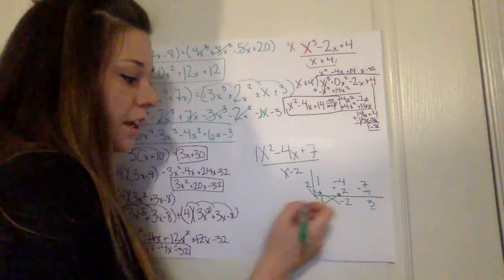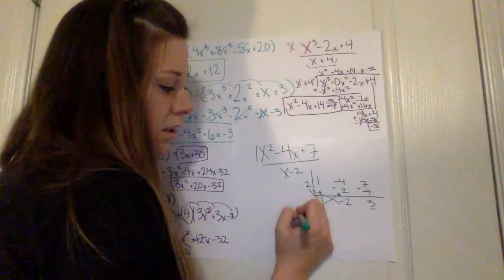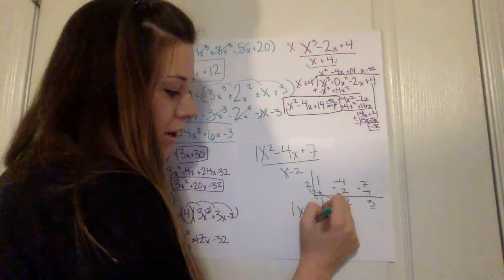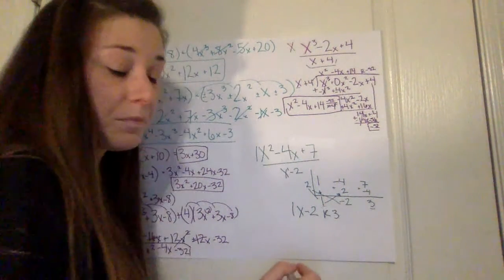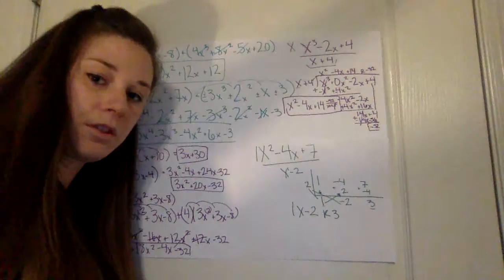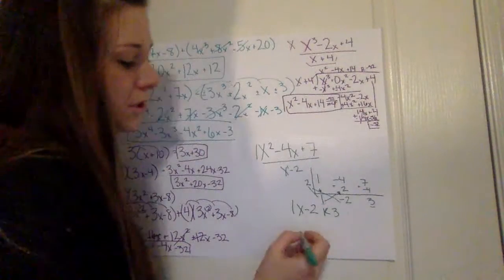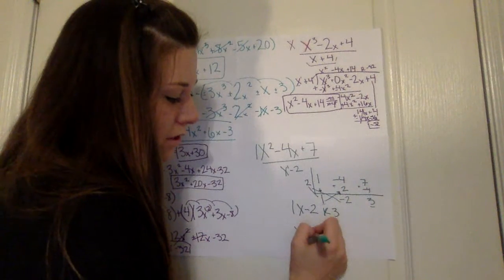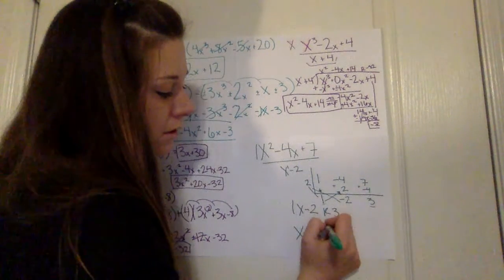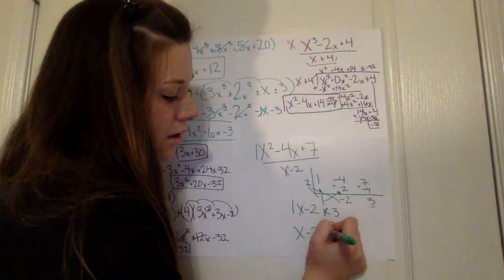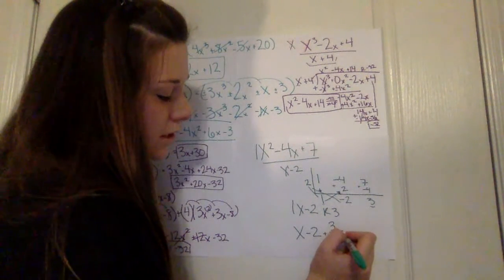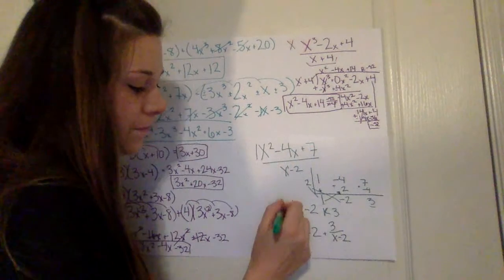So our answer is 1x minus 2 with the remainder of 3. And how we can write this correctly would be just an x, because we don't need the 1 in front of it, minus 2 with the remainder of 3 all over the denominator of x minus 2.